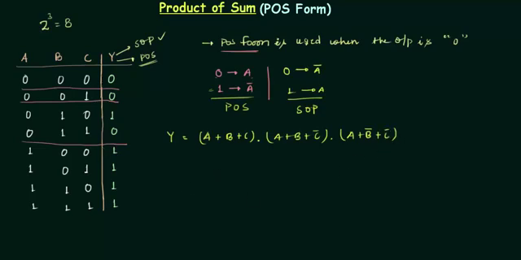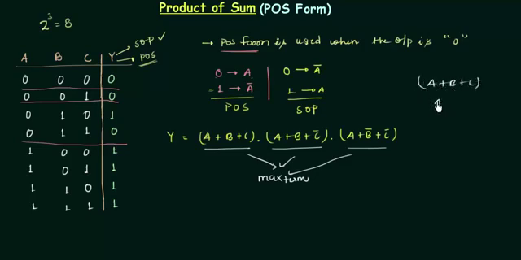Now these three terms we call the max terms, and in case of SOP form we had the min terms. We just call them max term or min term because of their size. If you write A or B or C, and if you write A and B and C, you can see their size.